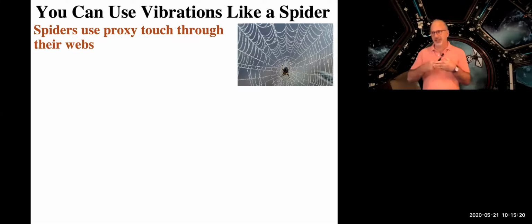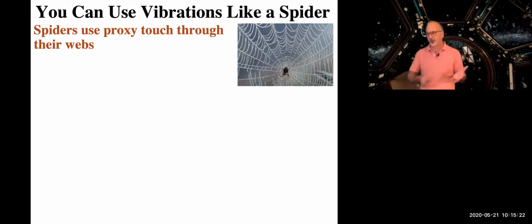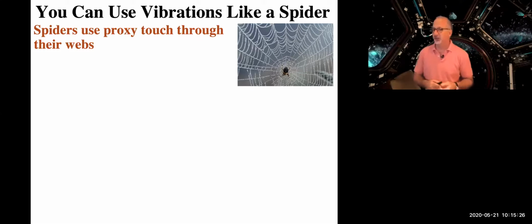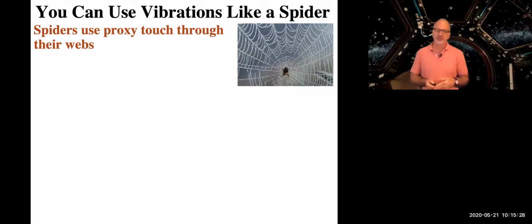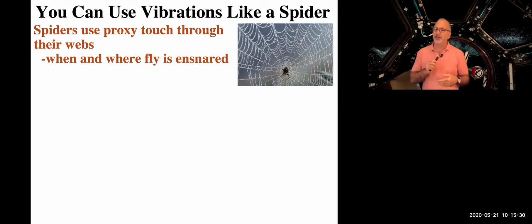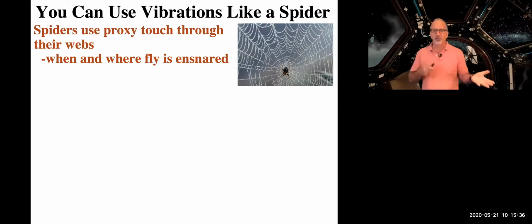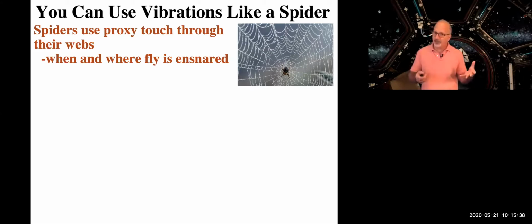And you can imagine, that's a really complex sort of vibrational system that the spider has to be sensitive to in order to pull this off, which is cool. So they can tell where and when. So as soon as this occurs, it knows when, so it can start going after it. It can tell where in its web it's been ensnared.